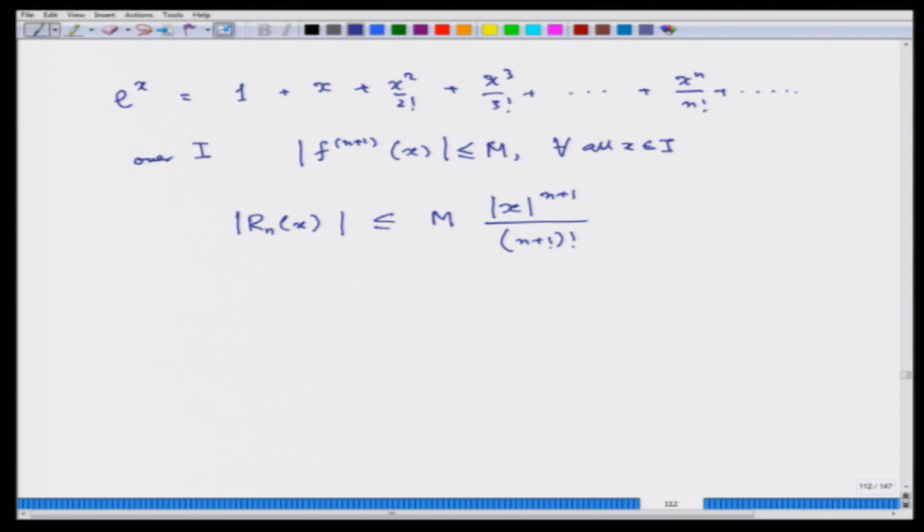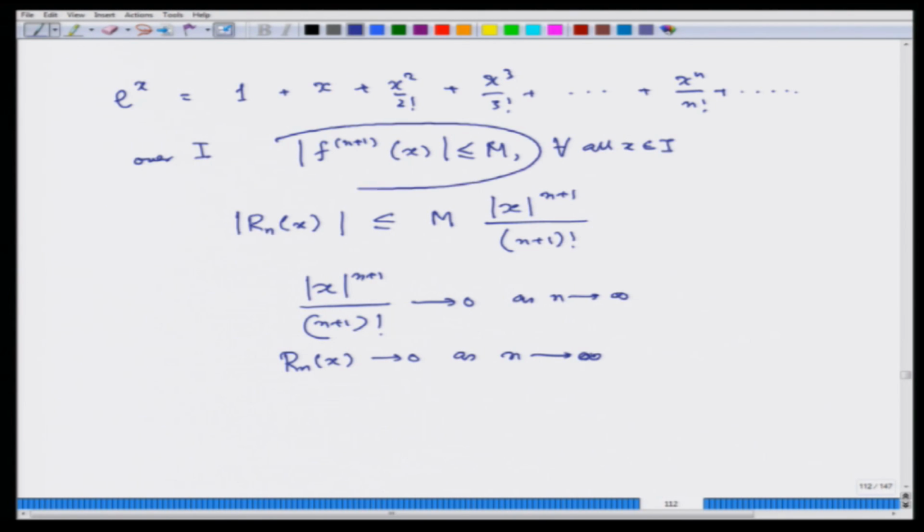But whatever be your x, if this thing is bounded, you know that mod x to the power n plus 1 by n plus 1 factorial will go to 0 as n tends to infinity by a previous discussion, which means that under this condition Rn x is going to 0 as n tends to infinity. So if you can show that this is bounded for every x in the interval, you are sure that you can write the whole thing as a Taylor series.